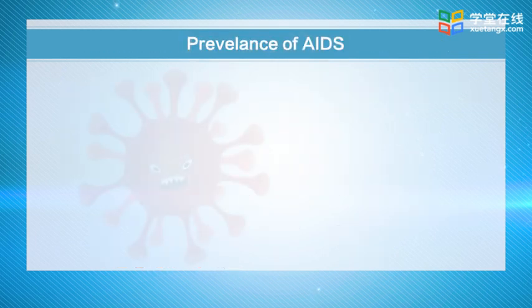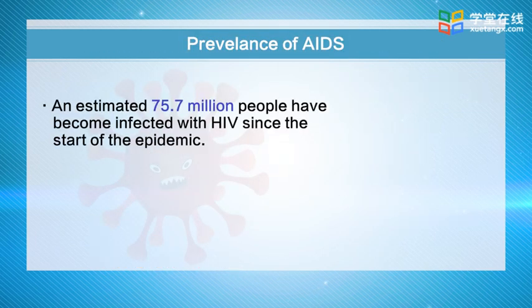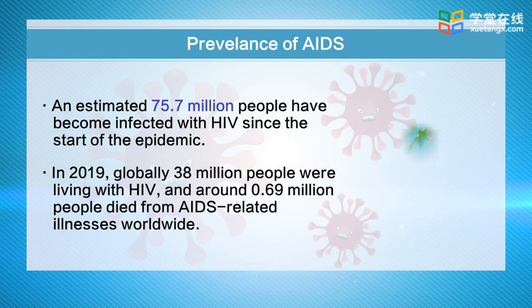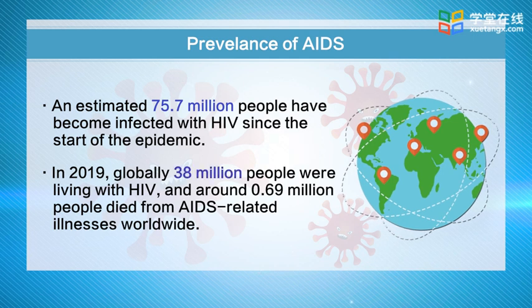An estimated 77 million people have become infected with HIV since the start of the epidemic. In 2019, globally, 38 million people were living with HIV, and around 96,000 people died from AIDS-related illness worldwide.